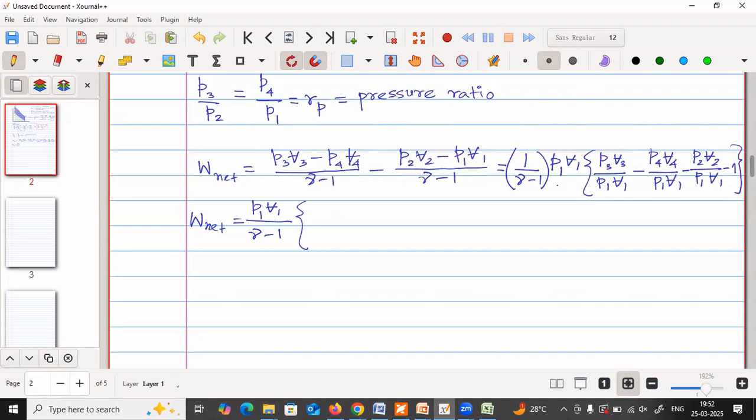So I can write this as P3 by P1 multiplied by V3 by V1 minus P4 by P1 multiplied by V4 by V1 minus P2 by P1 multiplied by V2 by V1 minus, I'm sorry, this is plus 1, because here it was a minus and here it is another minus.